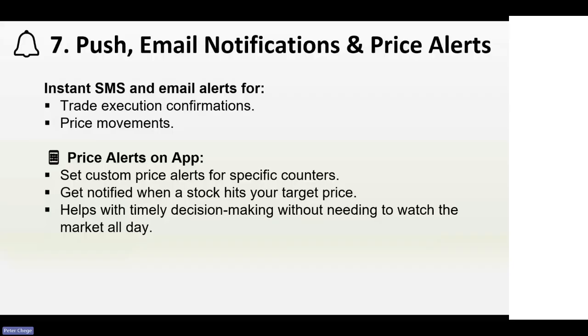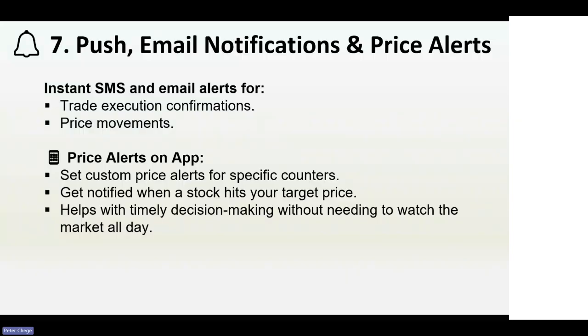You can set a price alert so that if Safaricom is trading at, let's say, 12, and you want to be notified when it reaches maybe 14 to sell, you get a notification. Or when it goes down to a certain price, you want to buy. So you get notified when a stock hits your target price, and it helps you make timely decisions without needing to be glued to the market for Safaricom.